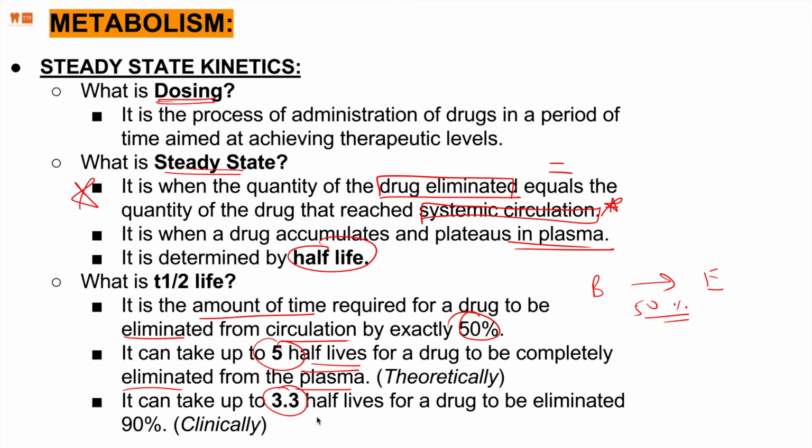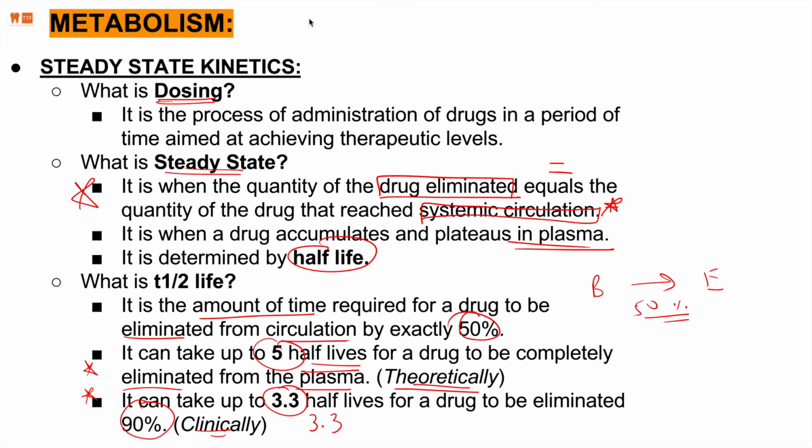I apologize, it's 3.3 half-lives for a drug to be eliminated 90% clinically. So this is very important. A drug must travel through 3.3 half-lives of itself in order to be eliminated 90%. 5 half-lives, theoretically, of course, to be eliminated completely from the plasma.